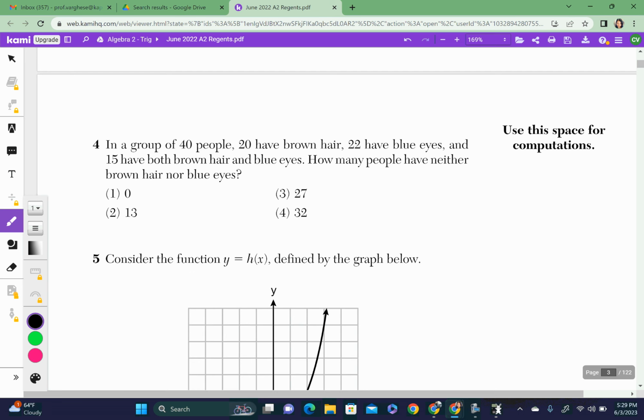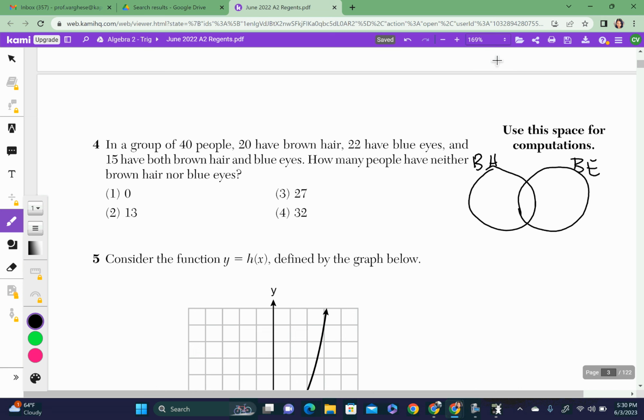All right. Question number 4. Group of 20 people, 20 have brown hair, so on and so forth. So as soon as you see something like both brown and so both of something, I automatically kind of think of a Venn diagram. So what are our two categories? We have brown hair and we have blue eyes.